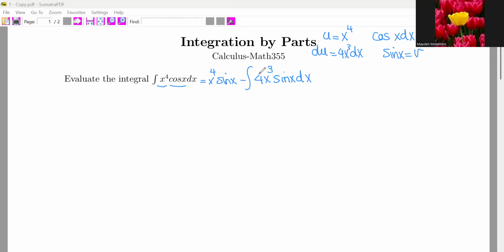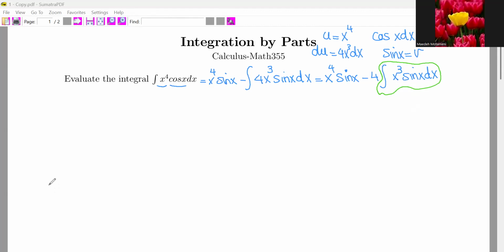We know that we can bring out 4, so let's do it here. Sine of x minus 4, the integral of x cubed sine of x dx. Now we don't know what the answer of this part is. We're going to solve it separately. Let me do it here.